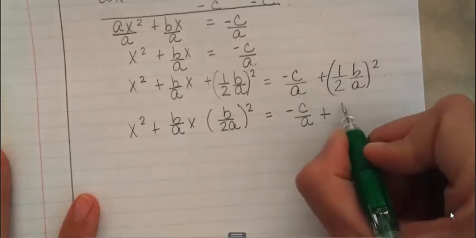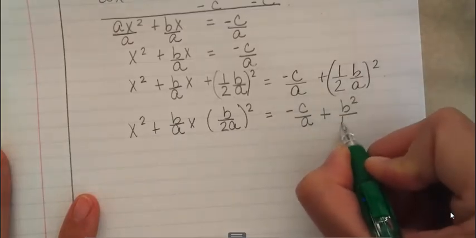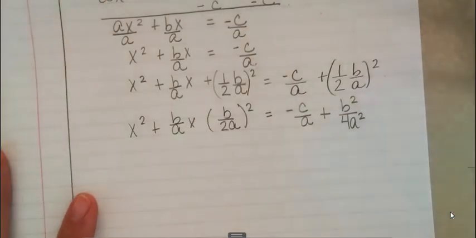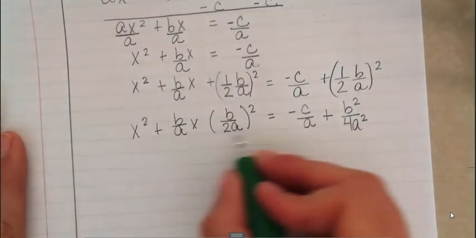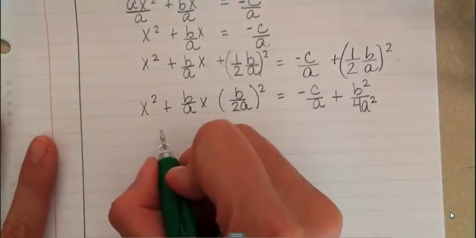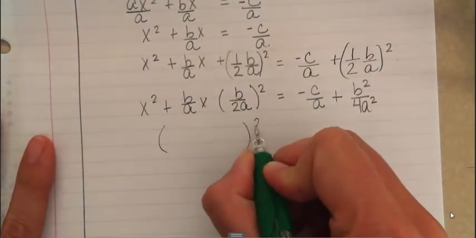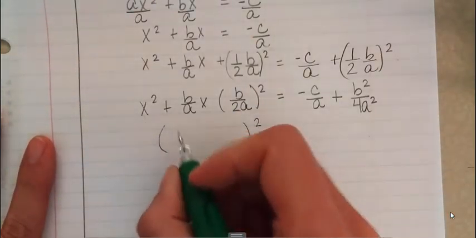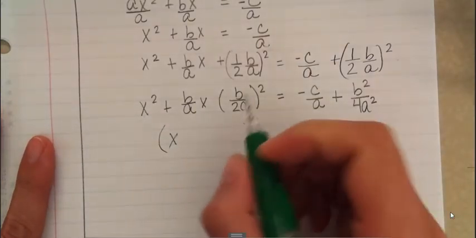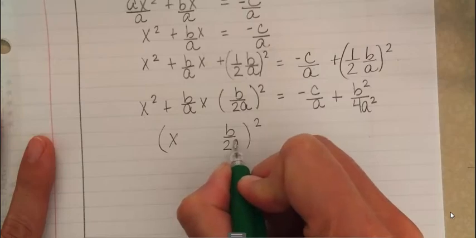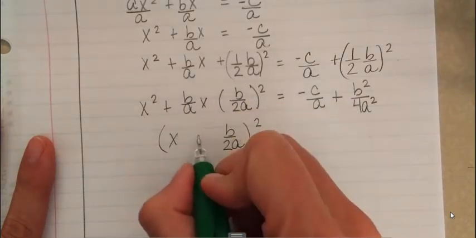So on this side it's going to be b squared over 4a squared. Now from there I can go ahead and write the left-hand side as the square of a binomial. So my first term is x, the square root of that. And then my last term is going to be b over 2a. And I'll take the sign of the middle term.